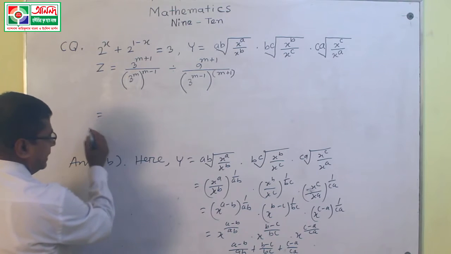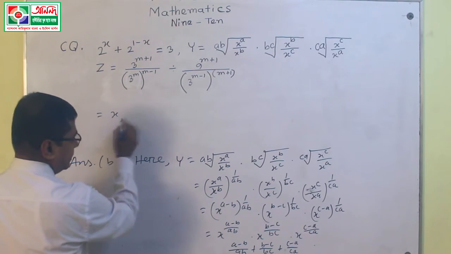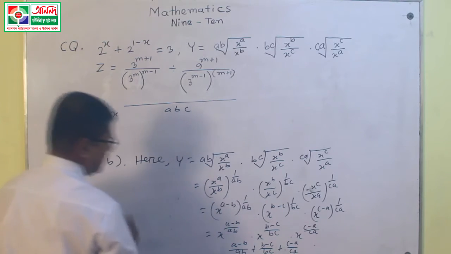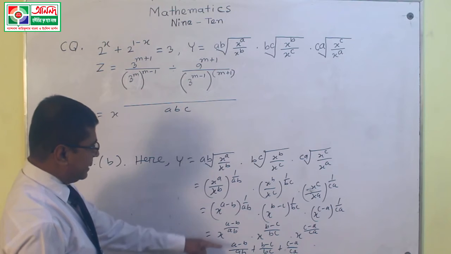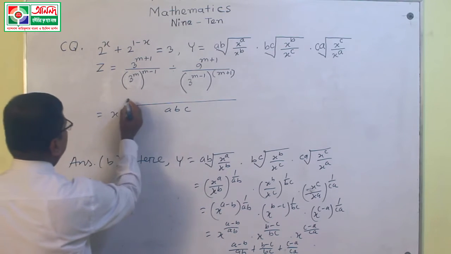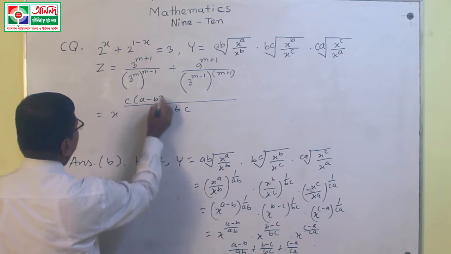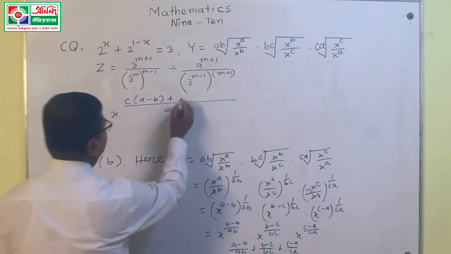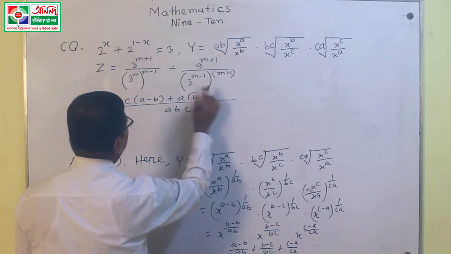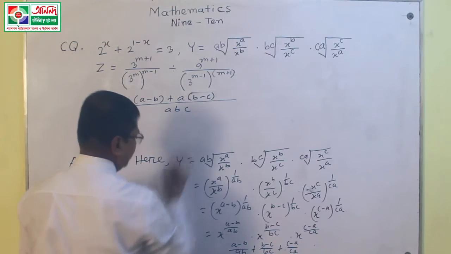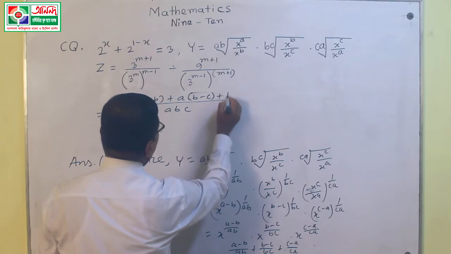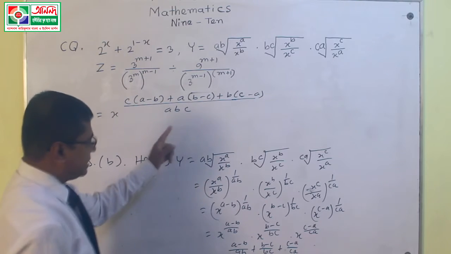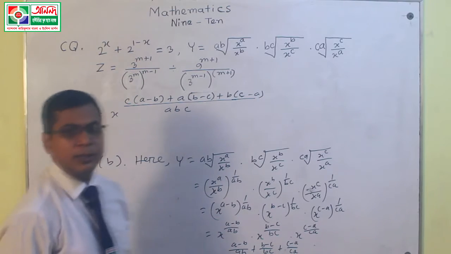Here, look, we can take the LCM abc. If we divide abc by ab, we get c, so we write c into a minus b, plus, dividing abc by bc, we write a into b minus c, and then we write b into c minus a, because if we divide abc by ca, we get b.